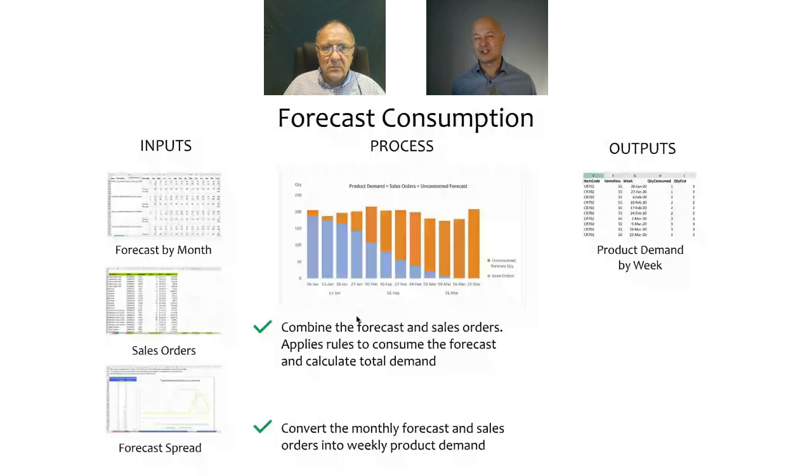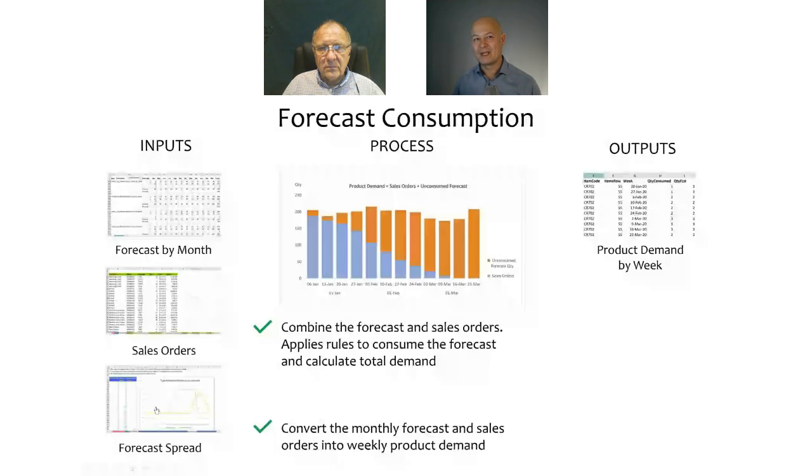So this is a way, just by using simple rules of how we interpret the situation for any given week, where sales order volume is different to the forecast volume for any given item, and telling the process some simple rules for being able to combine them, and then taking that monthly forecast and the sales orders and now converting it into weekly product demand.